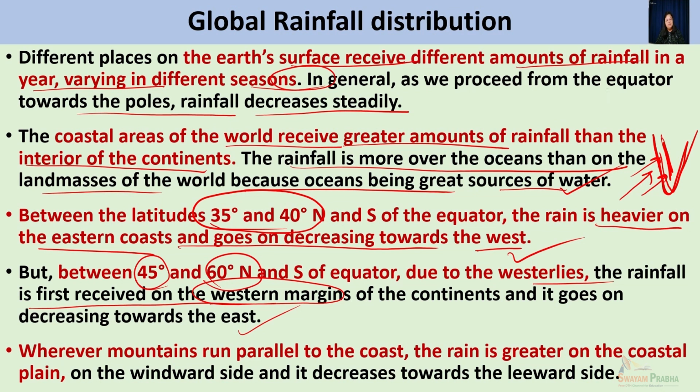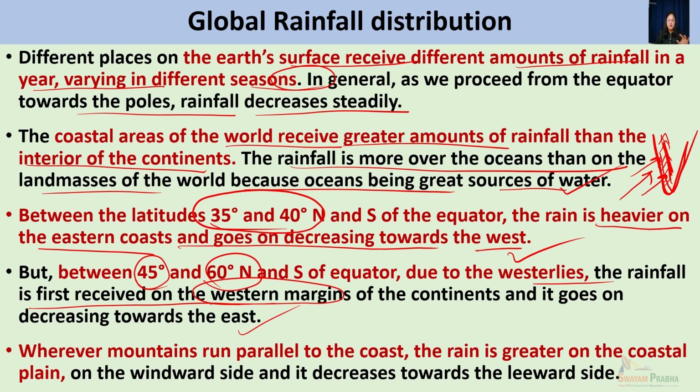So coastal areas receive more rainfall. And once these rain bearing winds have given all their moisture, have led to precipitation along the windward side, on the leeward side these winds become warmer adiabatically while coming down the slope of the mountain. And once they become warmer, the pressure increases, and the leeward side does not receive rainfall.